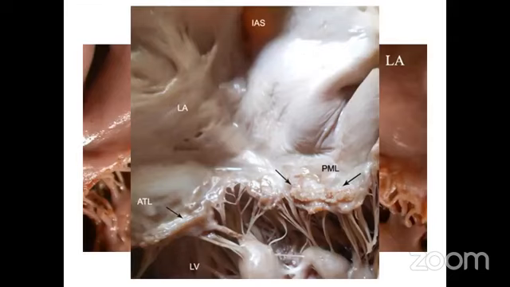Similar vegetations are seen at the line of closure, but these appear a little more friable. They are not associated with any significant change in the commissure, the leaflet, or the chordae.